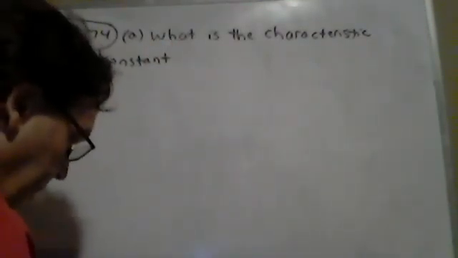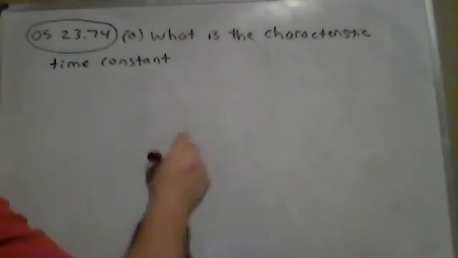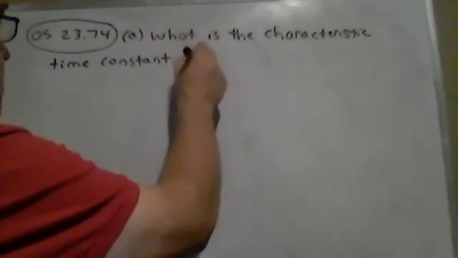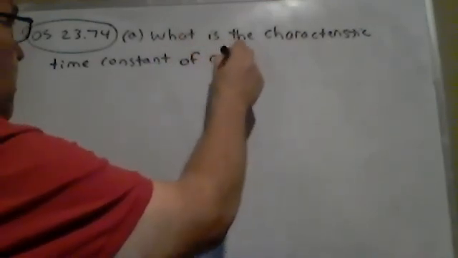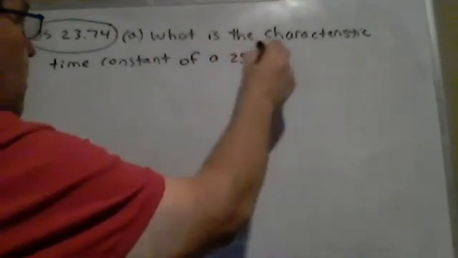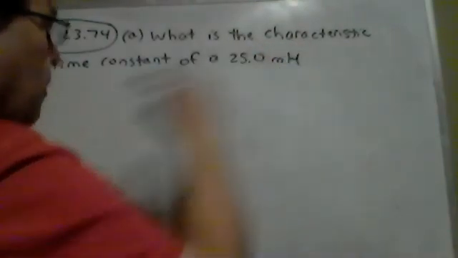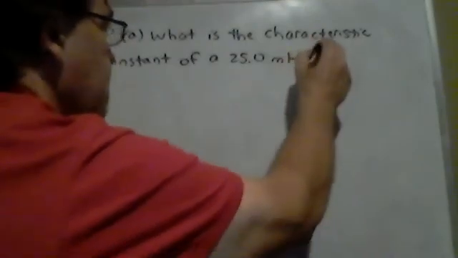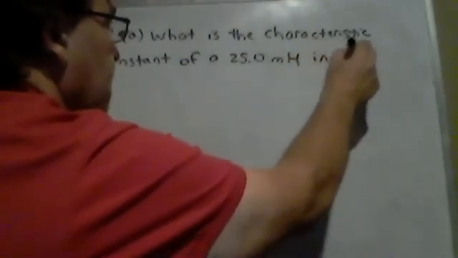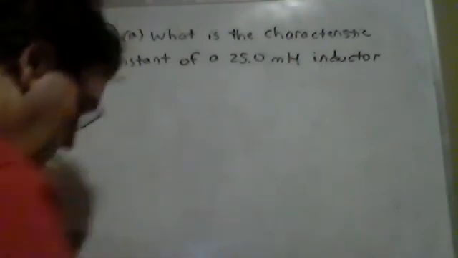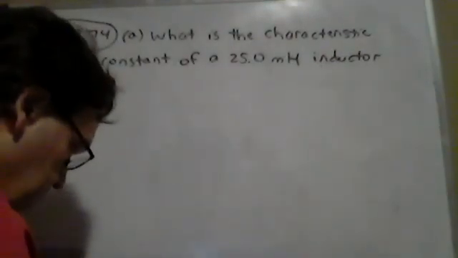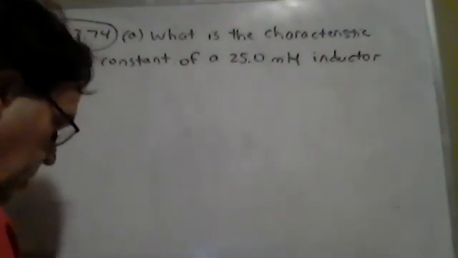Of a 25.0 millihenry inductor? It has a resistance of 4.00 ohms.